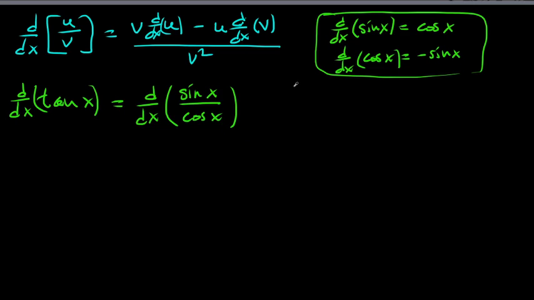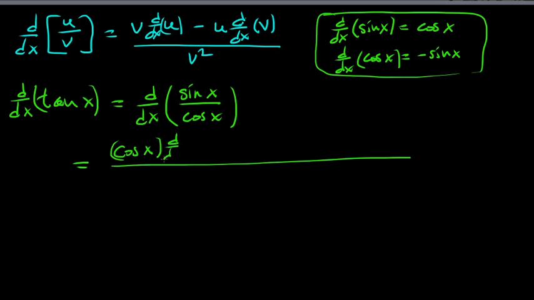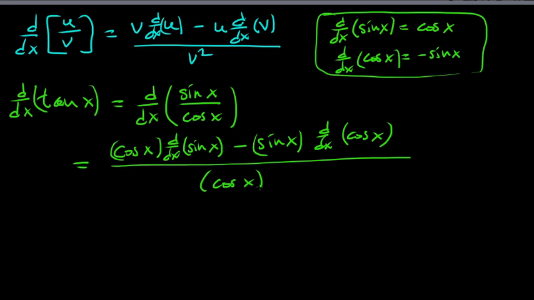Got it? So applying the quotient rule, we have low d high, so cosine of x times the derivative of sine of x, minus high d low, so sine of x times the derivative of cosine of x, divided by the square of what's below, so cosine of x squared.